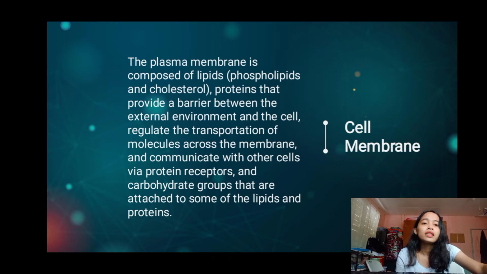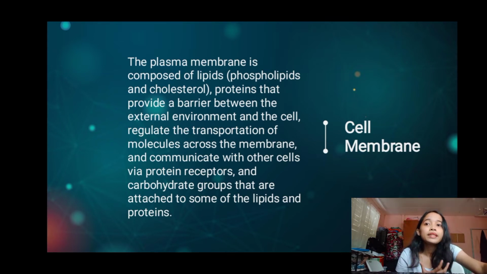So the cell membrane is primarily composed of a mix of proteins and lipids. Depending on the membrane's location and role in the body, lipids can make up anywhere from 20 to 80% of the membrane. So 20 to 80% of the membranes are lipids, and the remainder is proteins.